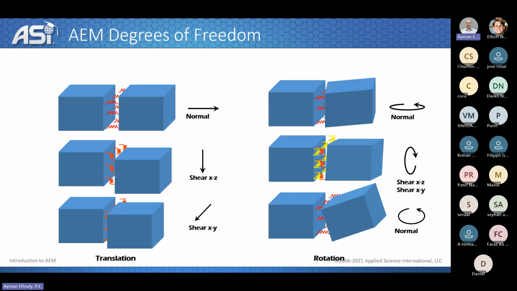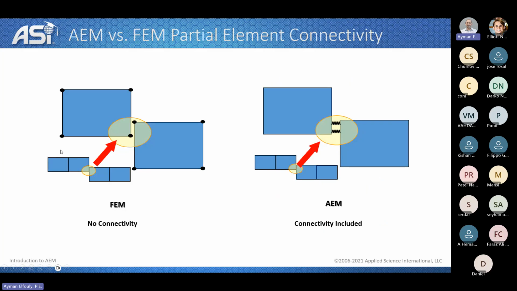As for the connectivity between the elements, if you have two members that overlap in an area like this, the nodes are not aligning with each other. This is a problem inside FEM. You have to have nodal compatibility between the elements to be able to solve this.